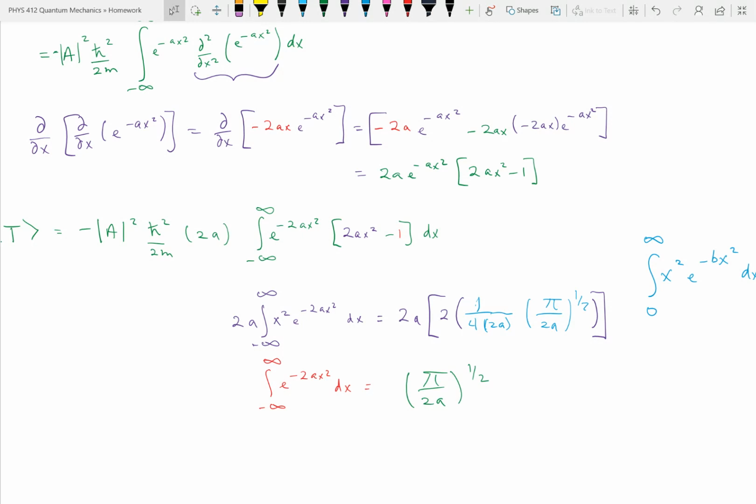You have the 1/2, but you have going from minus infinity to infinity, so you double it. Does it matter that I just simplified that top one down, whereas you left it out? You mean you went ahead and canceled 4a with 4 and a? Yep. No, it's fine.